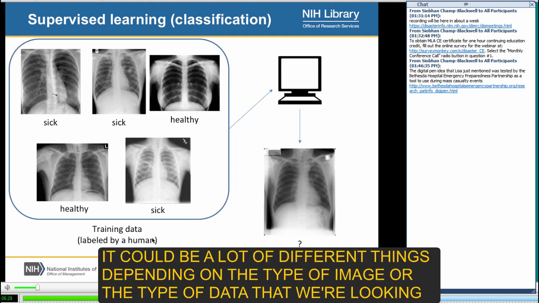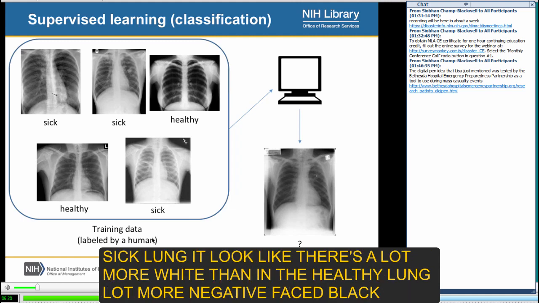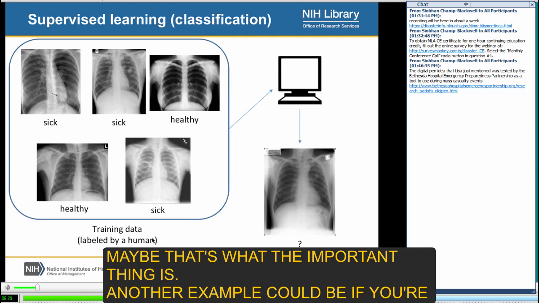This could be a lot of different things depending on the type of image or the type of data that we're looking at. So for example, if we are looking at these images, we might see, okay, in the sick lungs, it looks like there's a lot more white than in the healthy lungs. There's a lot more negative space, black. Maybe that's what the important thing is.